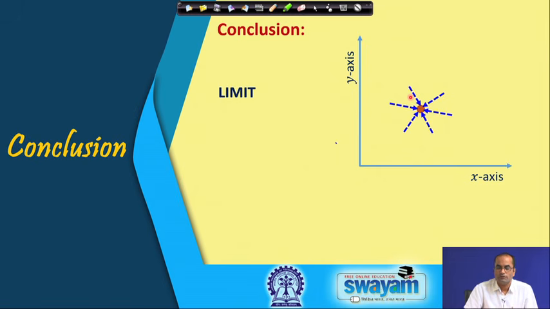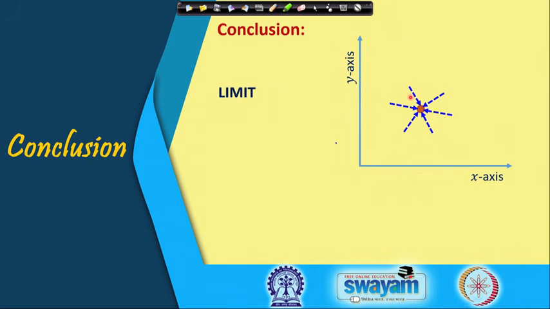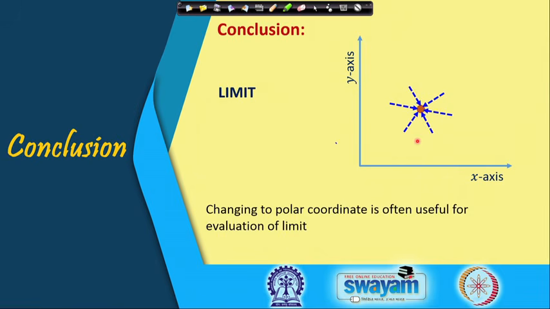Then whatever number we get does not depend on the path, and that will be the limit. Another approach we have seen is that in many situations we can convert the problem into a one variable problem, and then we can apply L'Hopital's rule, for example, to conclude the limit.